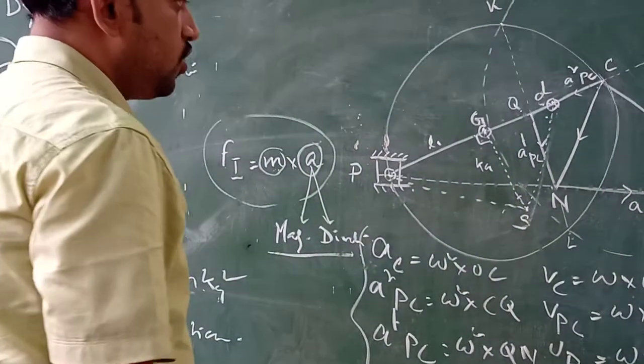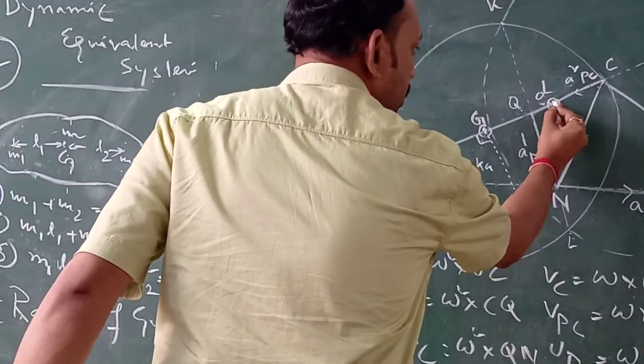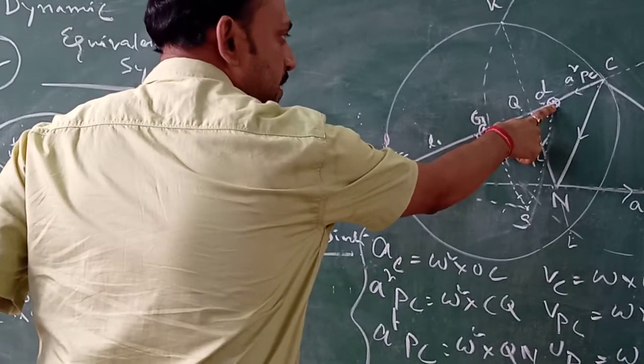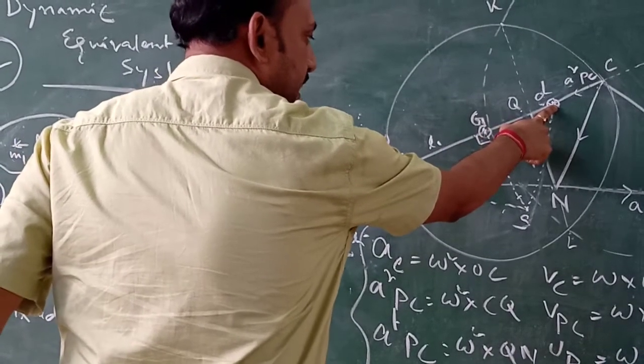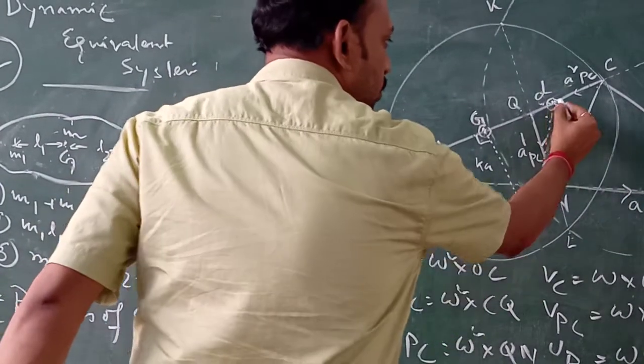So for that, we have to draw two parallel lines. Remember, from the point D, draw a line parallel to the line of stroke PO.